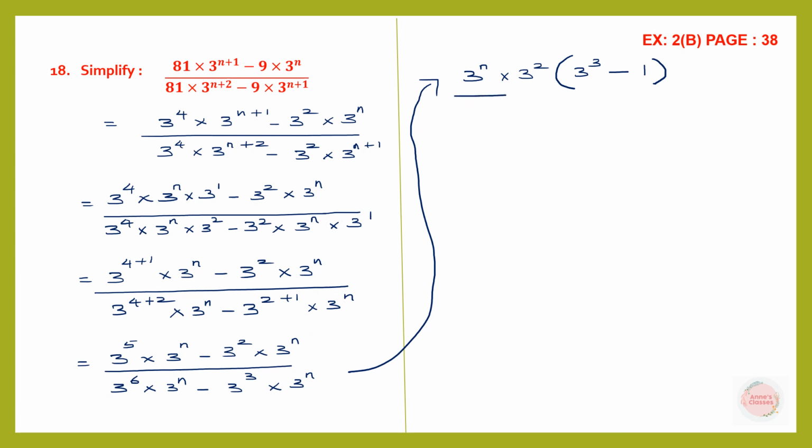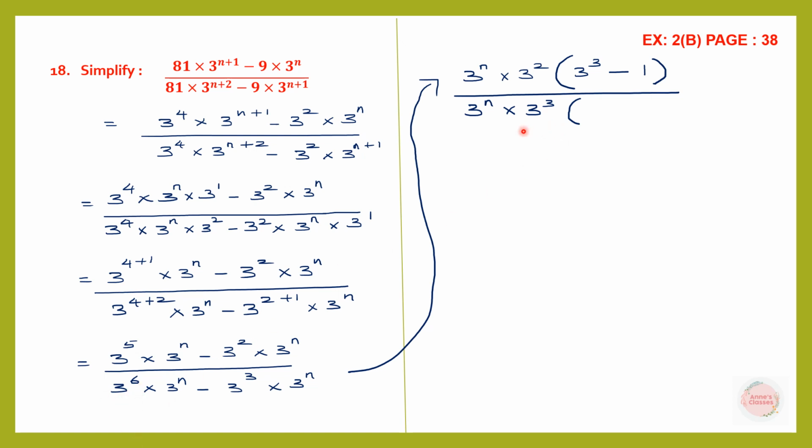Now let's do the same thing with the denominator. Let's pick out the common ones. 3 to the power of n is common, so first let's write that 3 to the power of n. Into, again here also I have 3 to the power of 6 and 3 to the power of 3. Take the smaller one, that is 3 to the power of 3, and write it outside. 3 to the power of 3. Now the remaining will come inside. So let's look at the first one. 3 to the power of 6.